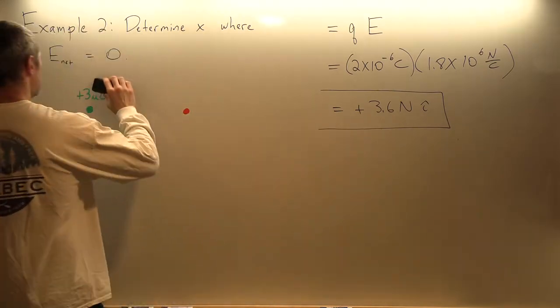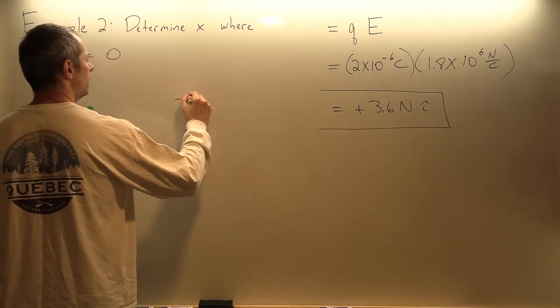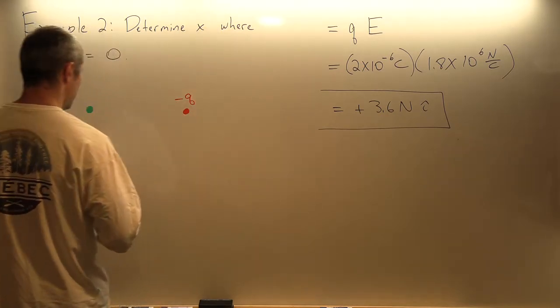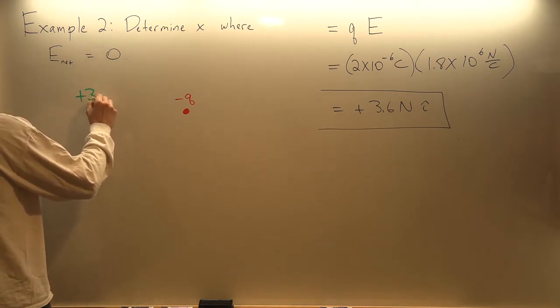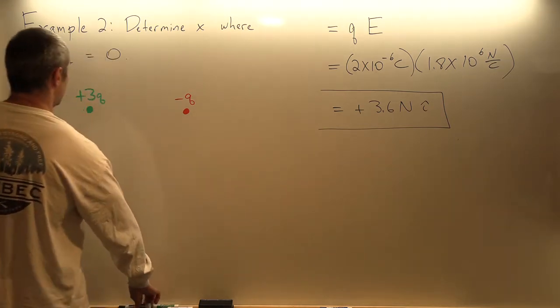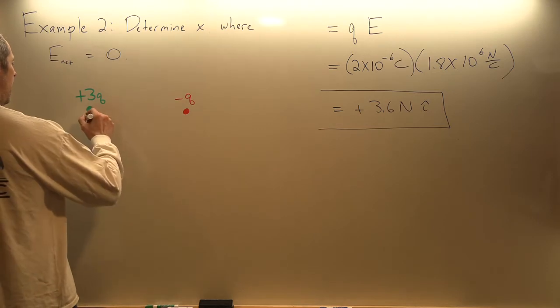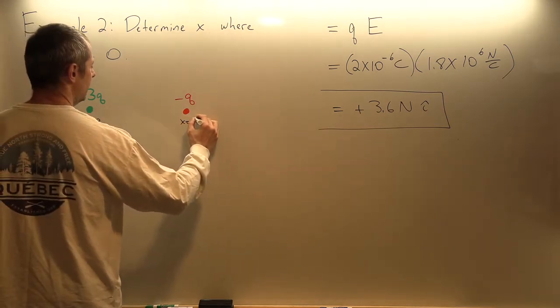So let's call this negative Q and plus 3Q, with Q obviously being 1 microcoulomb. And let's say that this is x equals 0, and this is x equals d.